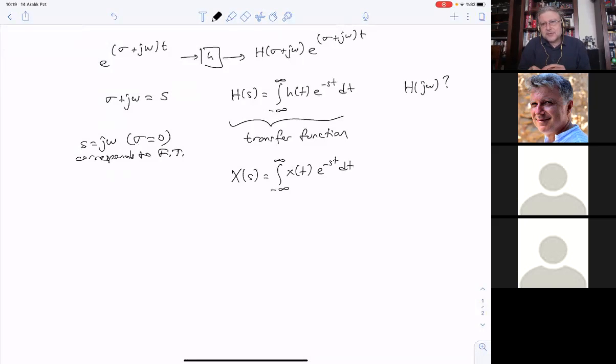We don't have the Fourier transform, but by altering the value of sigma, we can have the Laplace transform. So sigma equal to 0 is unavailable to you, but sigma equal to some other number will enable us to develop the Laplace transform for some divergent signals, for example, where the Fourier transform does not exist.